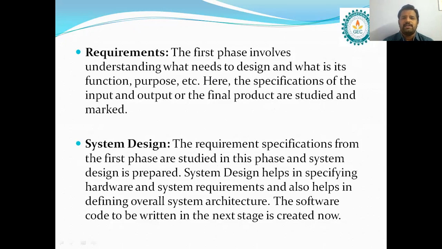This is the phase used for understanding the requirements of the customer. We have to gather clear requirements from the customer. After understanding the needs, we can design and understand its purpose and function. Here, the specifications of the input and output or the final product are studied and then marked in the requirements model.